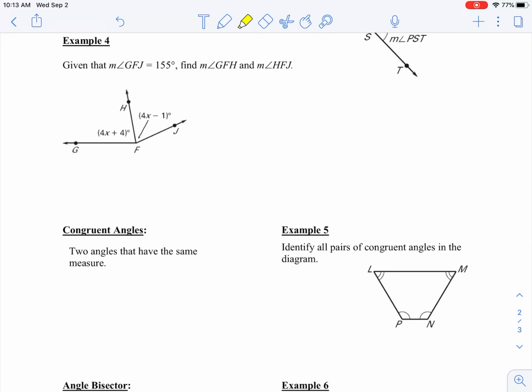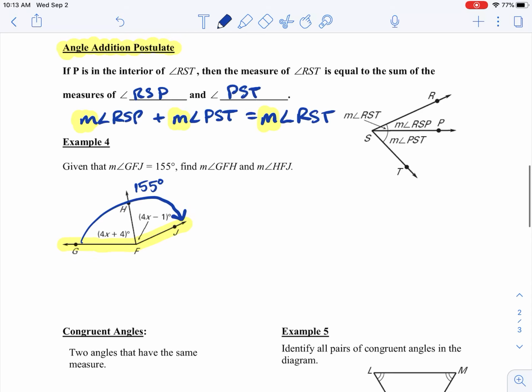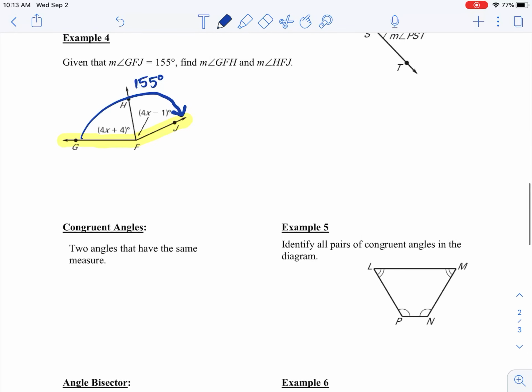So simple idea of part plus part equals whole. So let's try an example. It says given that angle GFJ is 155 degrees, find the measure of GFH and FHJ. So let's take a look at GFJ, all these letters. They're telling us that the whole thing from here to here is 155 degrees. And so we are going to use this angle addition postulate to set up an equation.